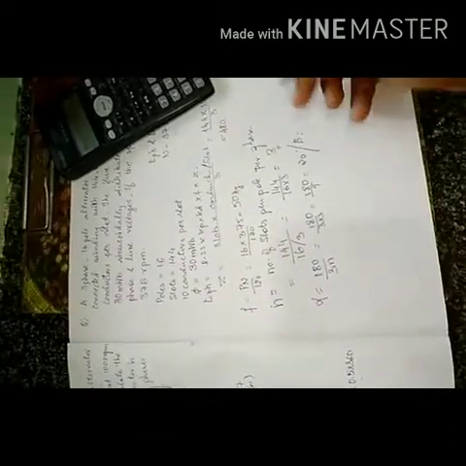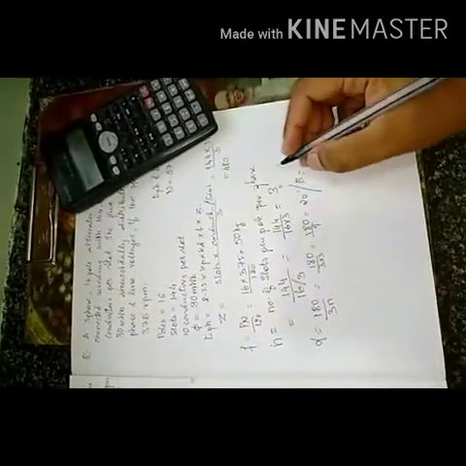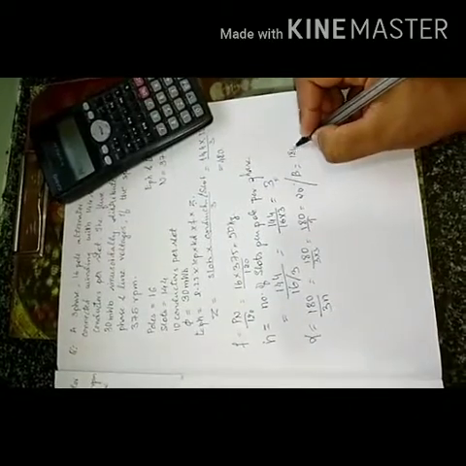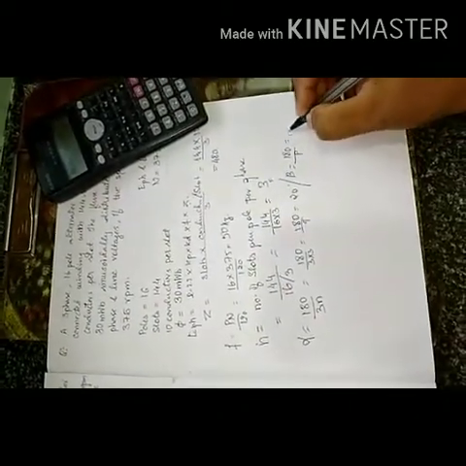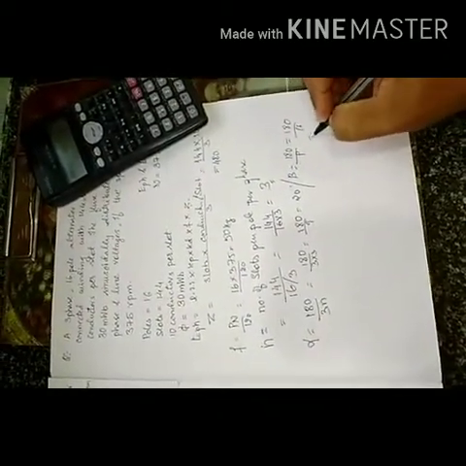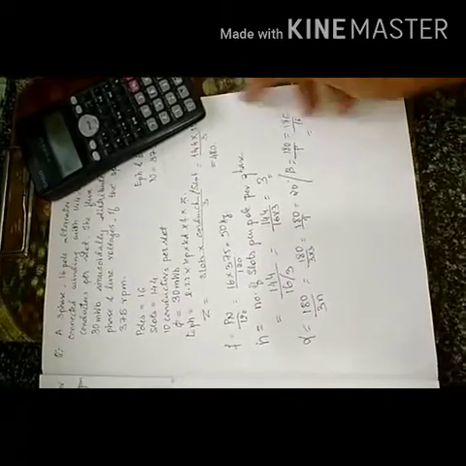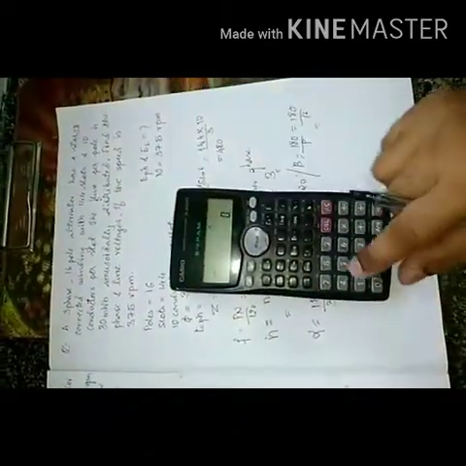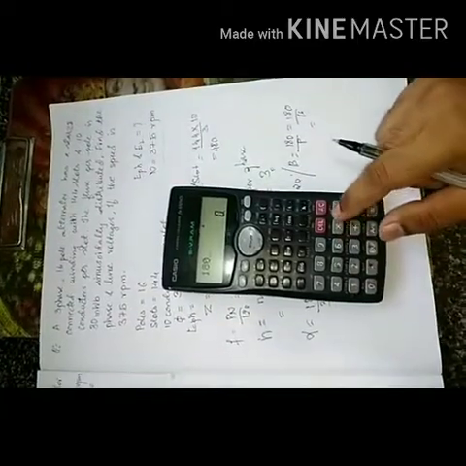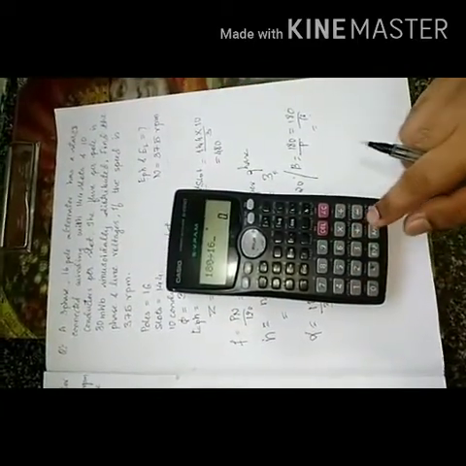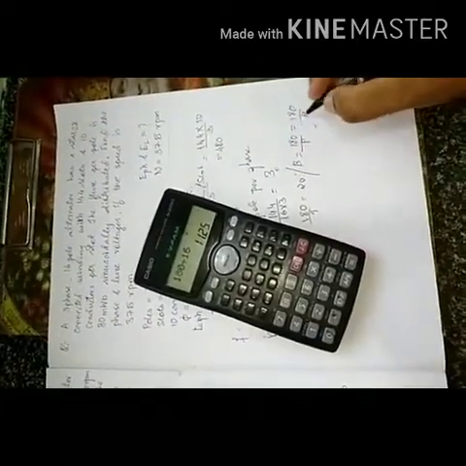Similarly, I want to calculate beta. Beta is 180 by poles, so it is 180 by 16, which is nothing but 11.25.